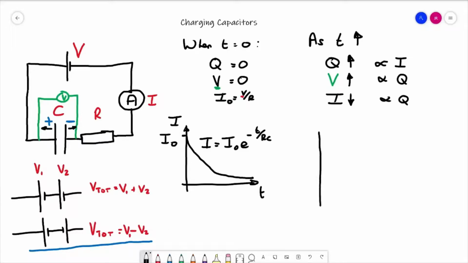Now, for the charge, and therefore by the same kind of logic, this will work for the potential difference across the capacitor as well. We know that we're starting with 0, and we know that we are increasing. But because that increase in charge is proportional to the current, and the current is decreasing exponentially, what we're going to end up with is a graph that looks something... Oh, I haven't drawn that very well. Let's try that again.